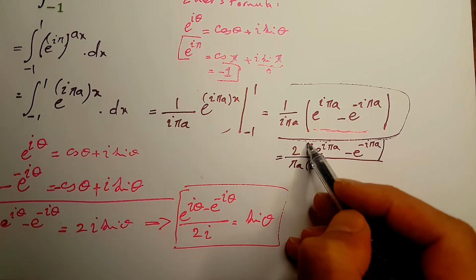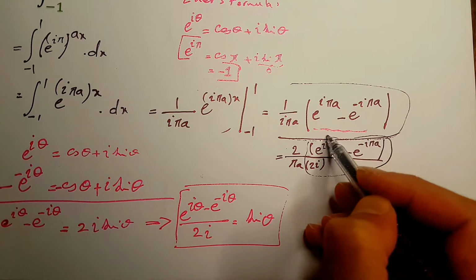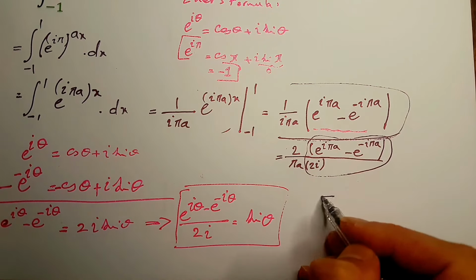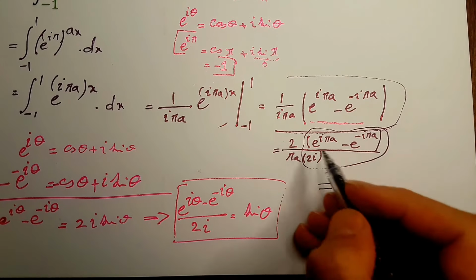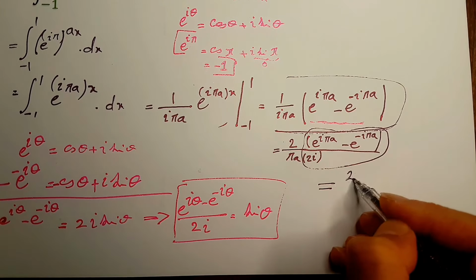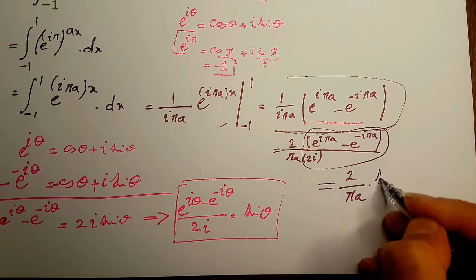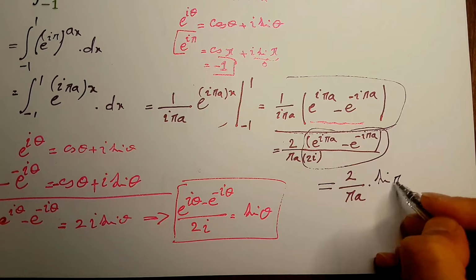This part is basically sine of pi a. So we can rewrite this as 2 over 2 pi a times sine of pi a.